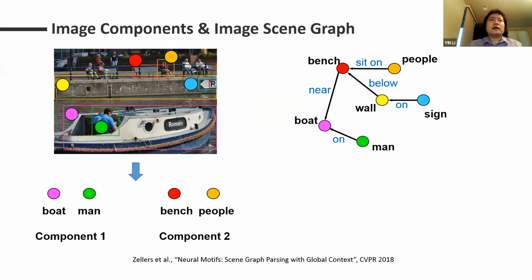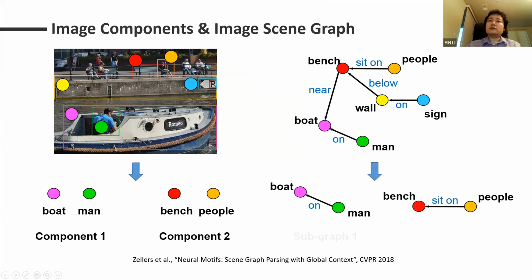So imagine we're taking this image that might have multiple components. This component is about a person driving a boat on the river. There's also a component about several persons sitting on a bench on the bank of this river, right? So what we're going to do is take this scene graph and try to identify different components within this image.